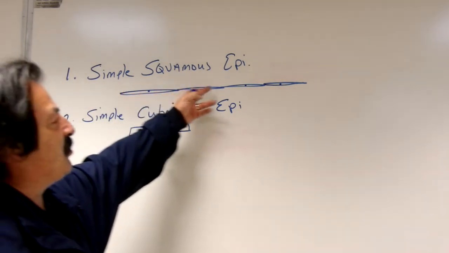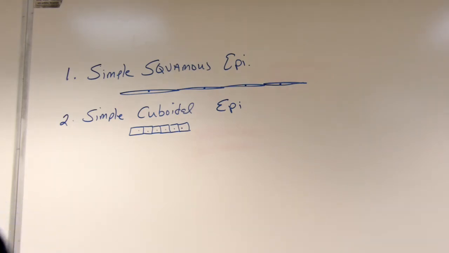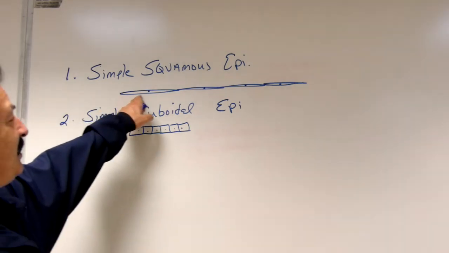In other words, this simple squamous needs to be very, very thin. You find simple squamous in lung, where you do gas exchange. And you want the thinnest layer of tissue there to make diffusion happen very easily. In other words, oxygen needs to be able to leave the lung and get into the alveoli, the air sacs. And the CO2 that's full in the blood needs to be able to leave the blood vessel and move into the air sac so it can be exhaled. So we need just a very thin layer.